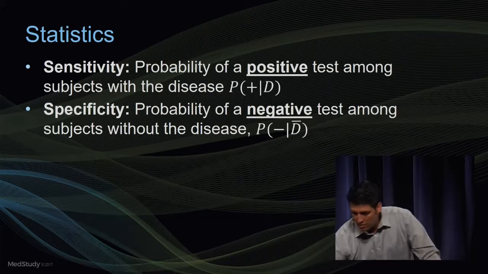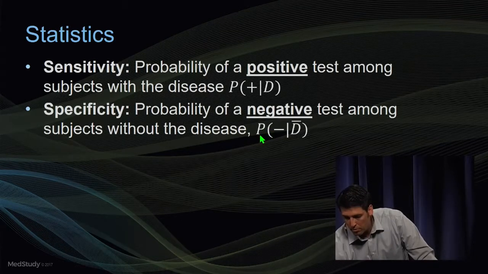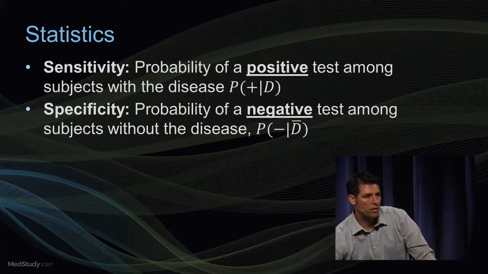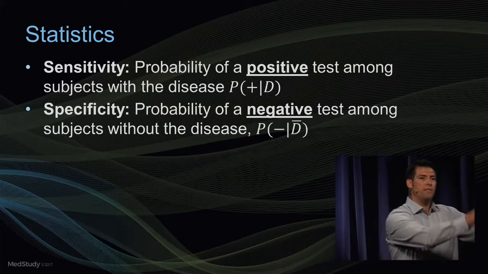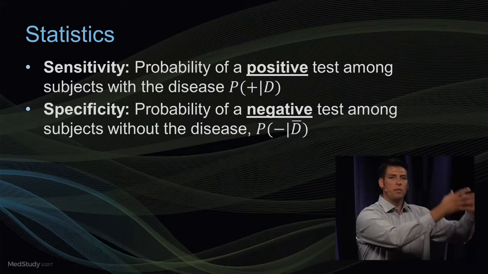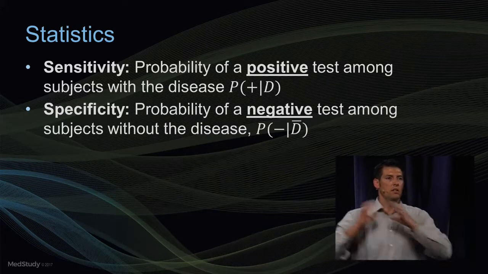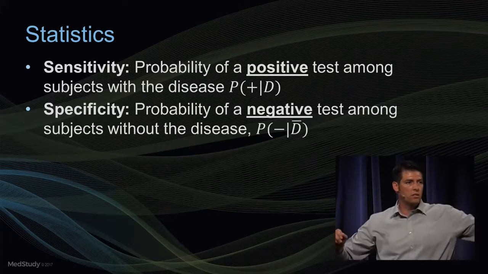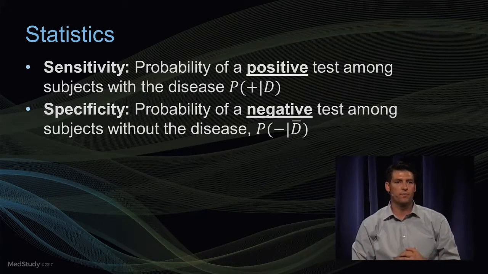Okay, so in statistical language, I may say the probability of a negative test given they don't have the disease. This little line above there stands for the complement or the opposite of the disease. Right? So people that have the disease, probability of a positive test. People that don't have the disease, the probability of a negative test, sensitivity and specificity.